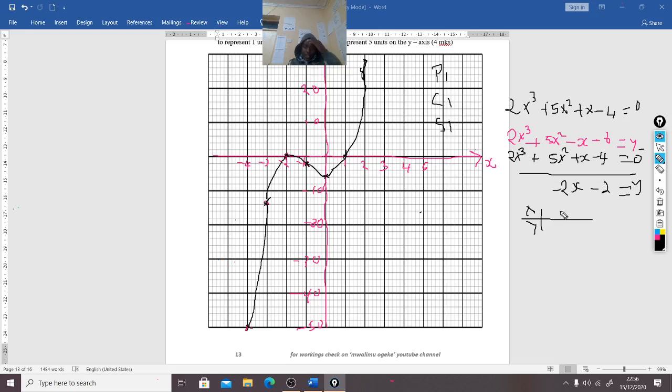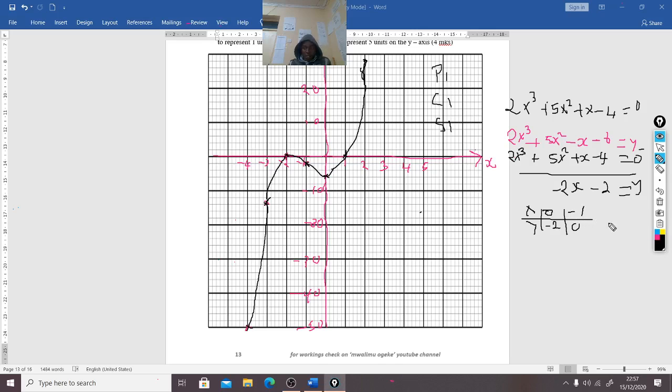And then I can use the x-intercept or the y-intercept. X is 0, so when x is 0, you substitute here. If x is 0, y becomes negative 2. Then if y is 0, then x becomes negative 1.